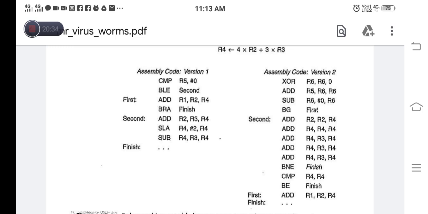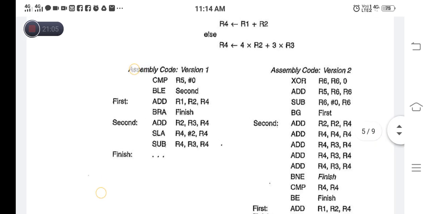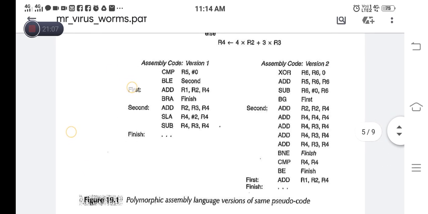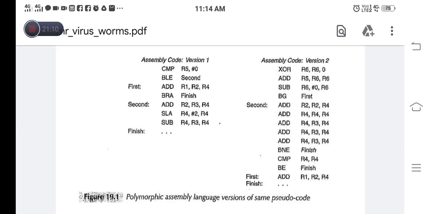These make use of various versions of their code, which helps in confusing the worm code detection software. So we have polymorphic worms, which make use of different keys for encryption, and metamorphic worms, which make use of various versions for the same pseudocode.